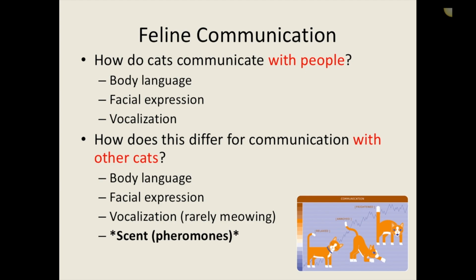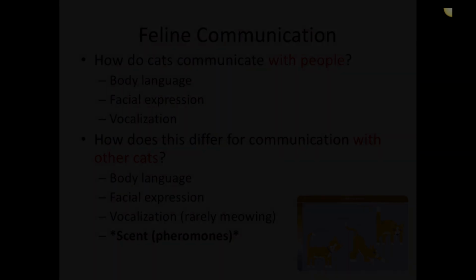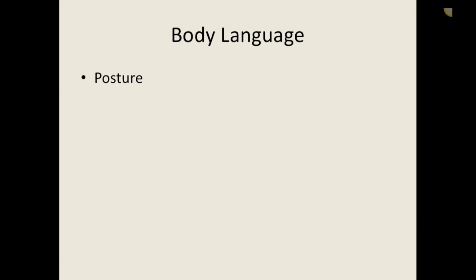Humans have been able to harness this a little bit, and we have synthetic pheromones that we sometimes use with cats who are stressed or angry or whatever it might be, and we'll talk about that a little bit later on. So cats use essentially the same methods for communicating with us and with other cats, and then they also use scent pheromones to communicate with other cats specifically.